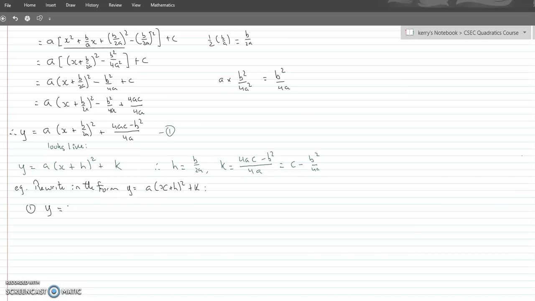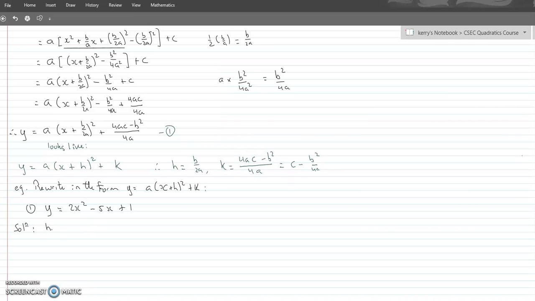Example 1, y is equal to 2x squared minus 5x plus 1. So we want to rewrite this to look like this here. Good? So our solution, we could do this by completing the square, or we could just use this formula here.